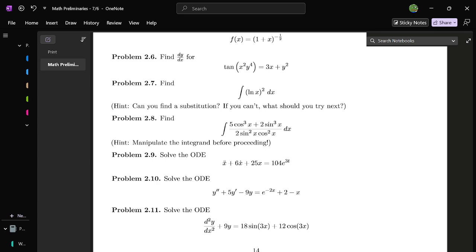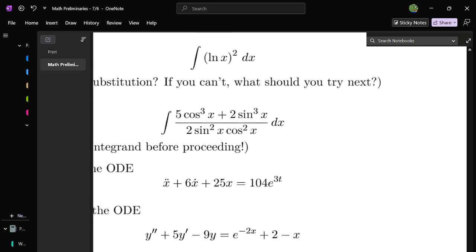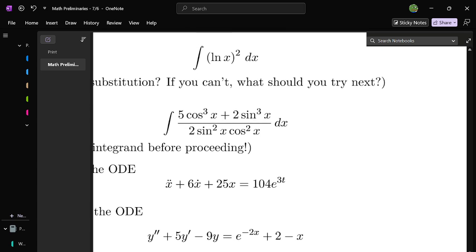Okay, so we have this integral here for 2.8. Now the hint that I've given is to manipulate the integrand before even thinking about how to proceed. So what do I mean by this? The easiest thing that you can see here is that we have something plus something in the numerator, and we have some other thing in the denominator, but that doesn't matter.